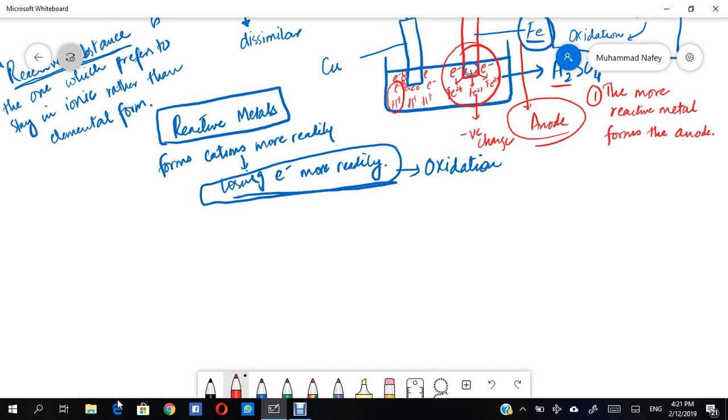So the first thing, as I wrote here, was that the more reactive metal forms the anode, and ions are formed which move into the solution. Therefore, we'll see that the anode will keep on dissolving. The anode is the source of electrons.